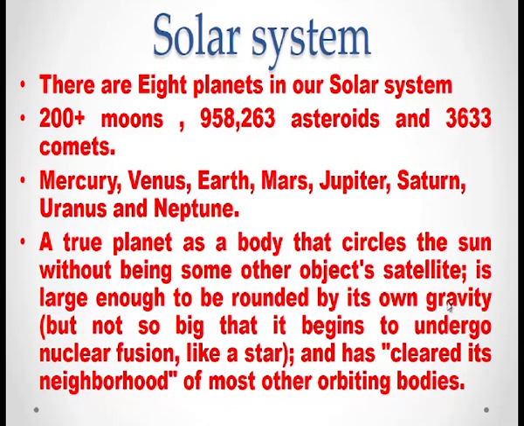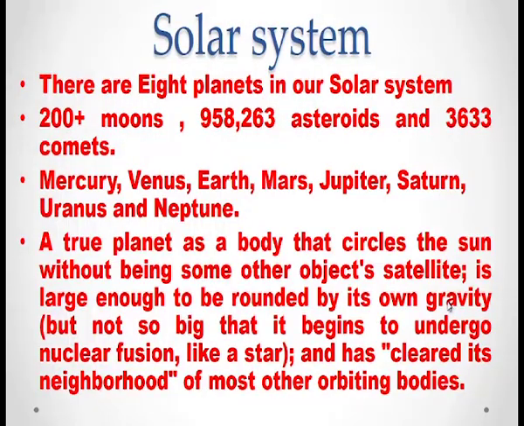Now, coming to our solar system, as I told earlier, there are 8 planets in our solar system. The International Astronomical Union is a scientific body comprising all astronomers, which gives definitions and other concepts in astronomy.